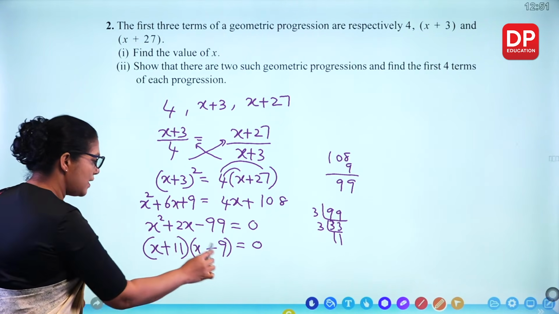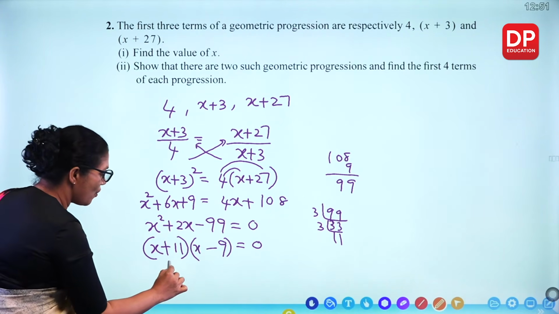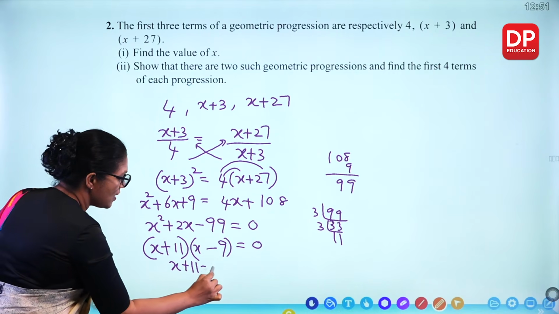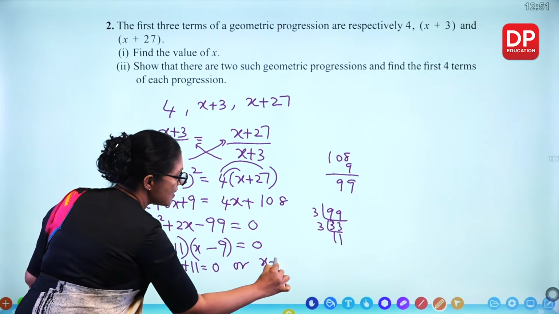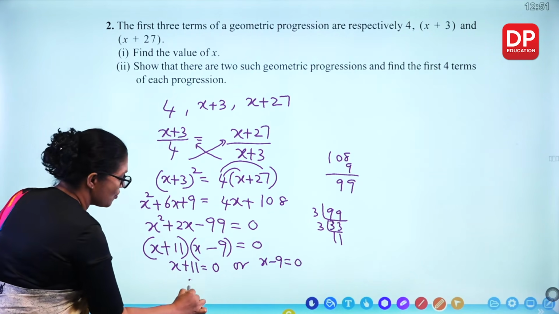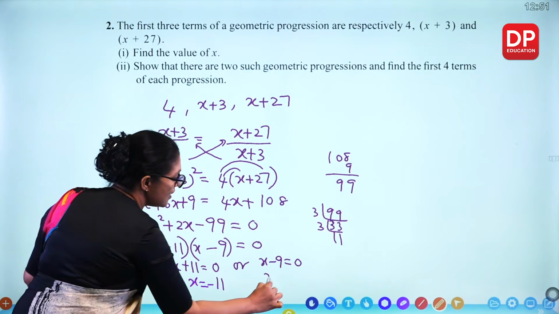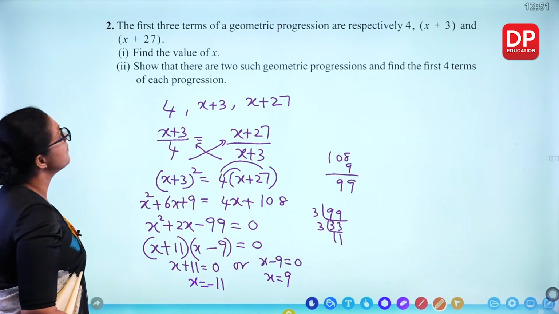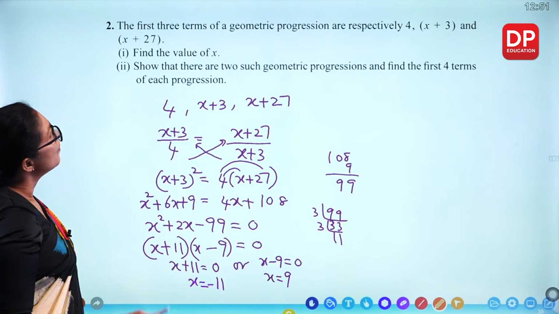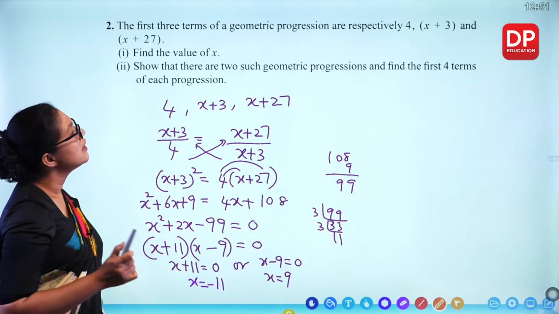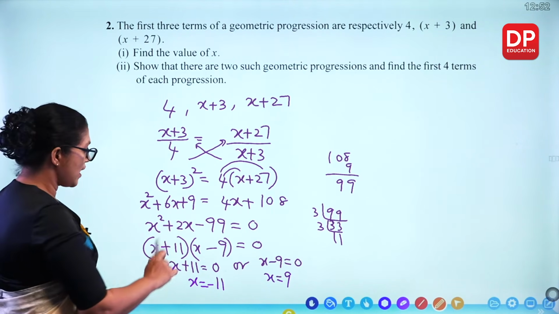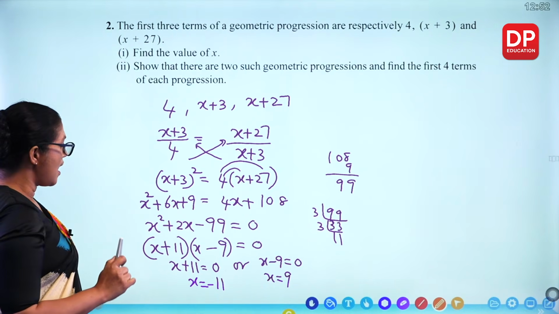So when you solve the equation, the product is 0, so x plus 11 is 0 or x minus 9 equals 0. You get a negative answer here and a positive answer here. Now, nothing is mentioned about positive or negative, so you can take both the answers.